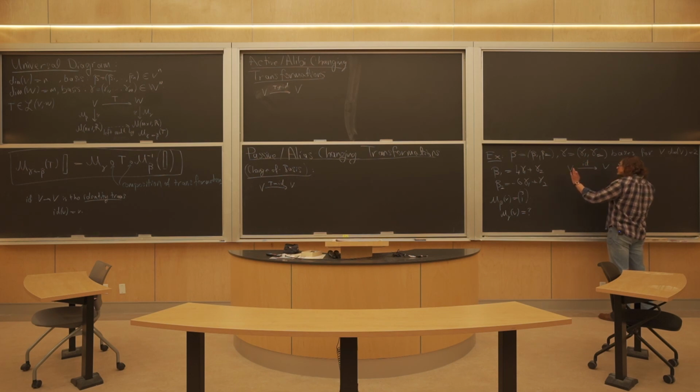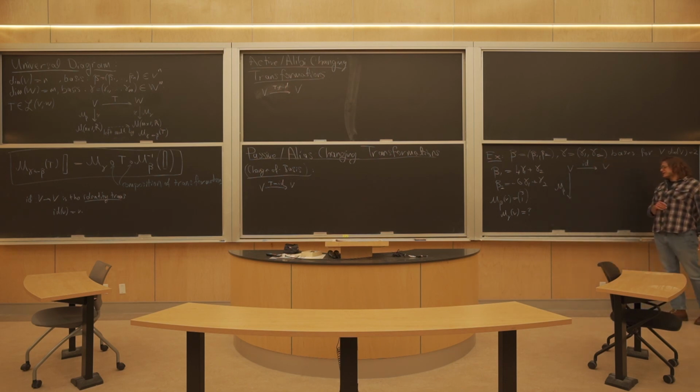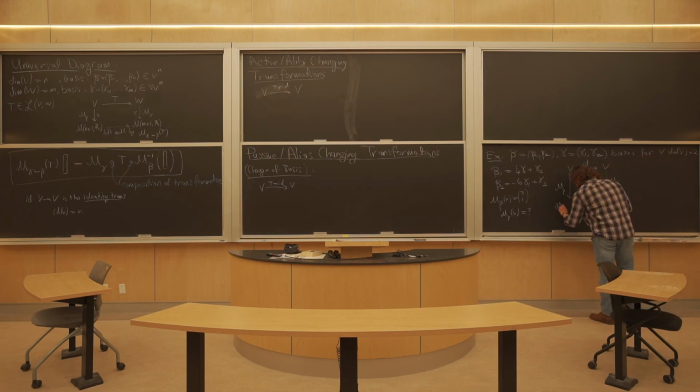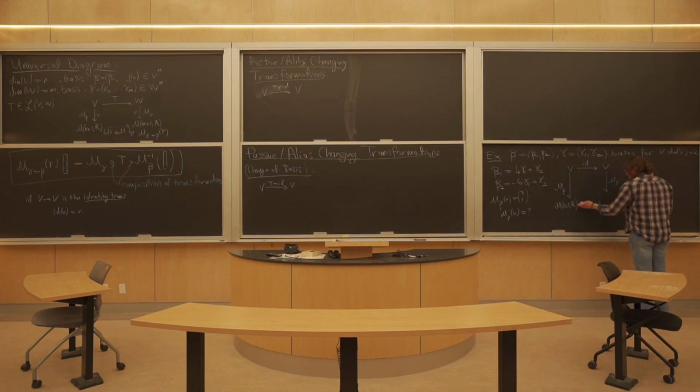The vector doesn't change. But here I have the chart given by beta, and here I have the chart given by gamma. And so there is going to be a matrix here, according to the universal diagram.